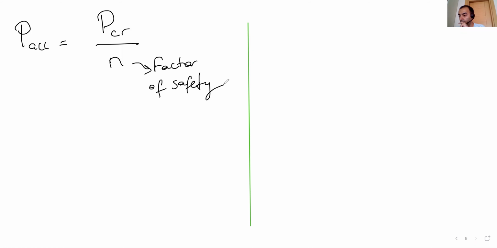Let me see what we have here in my notes. Yes, this is the method to design the structural members under compression. It's 10:15, let's have a break.